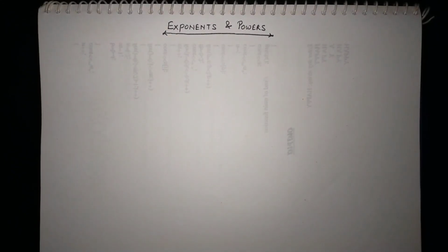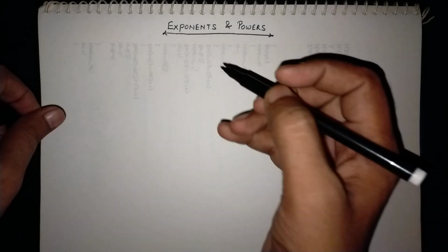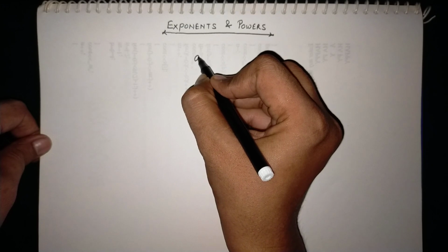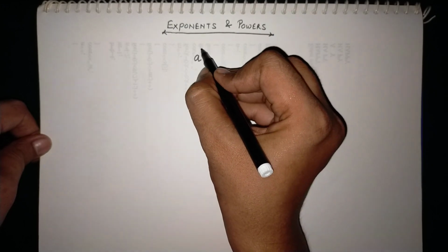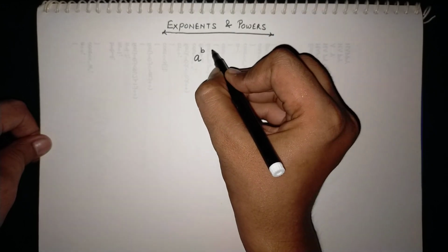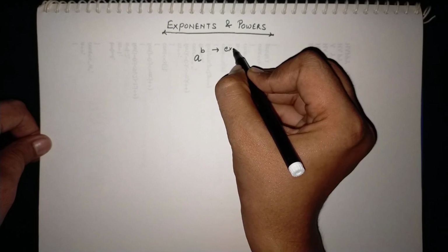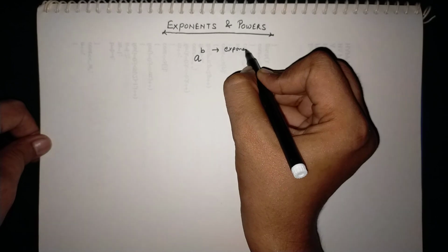Hello students, today we are going to revise the chapter Exponents and Powers. Very first of all, what is exponent and what is known as powers? Suppose we write a to the power b. So here this is known as exponent.